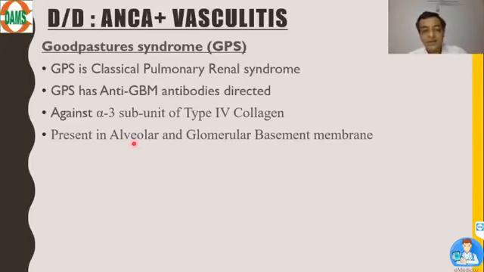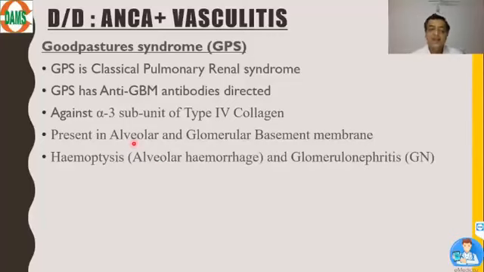So the alpha 3 subunit of type 4 collagen is present in two organs.